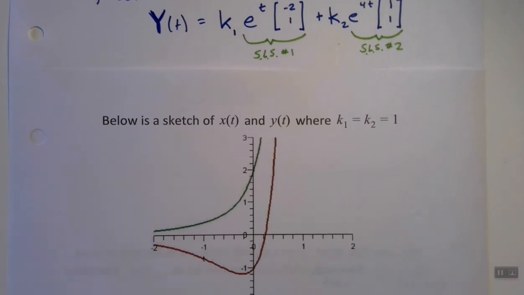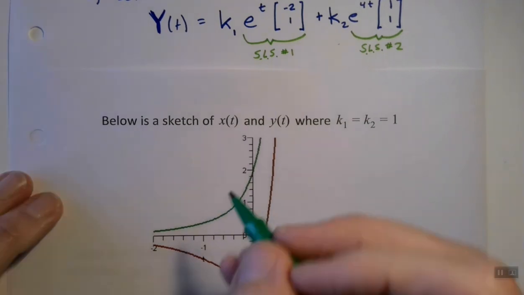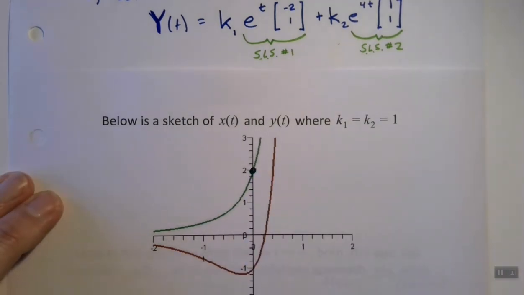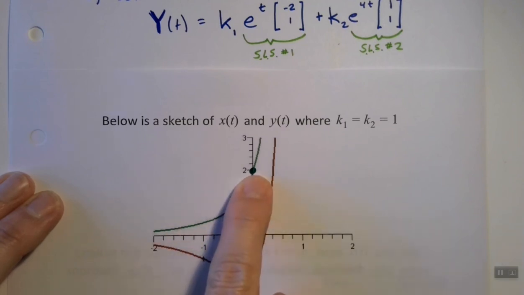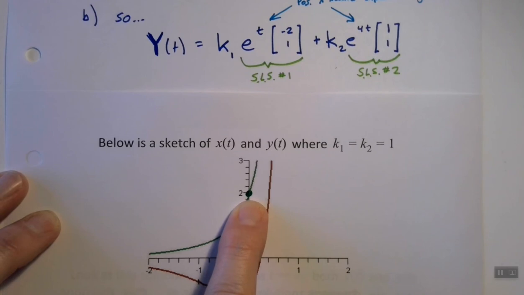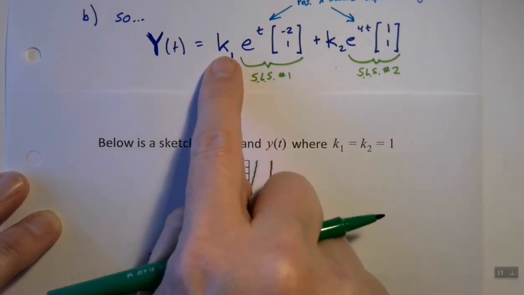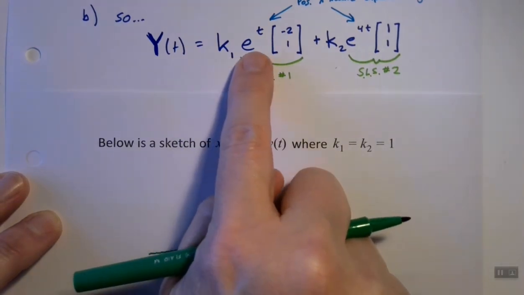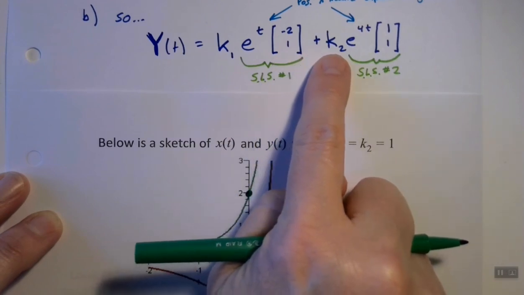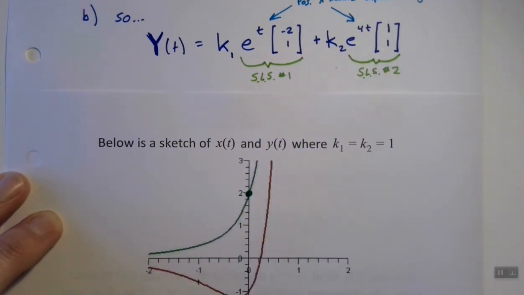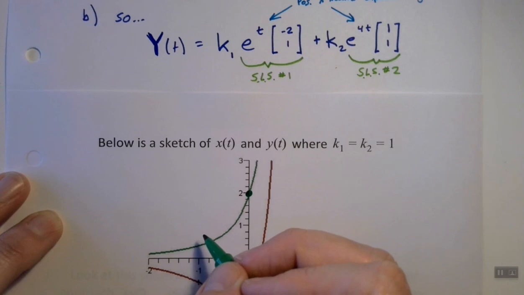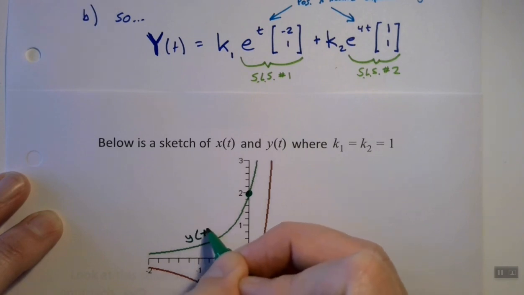Again, we use the same trick that we did before to be able to figure out which one of these is x of t and which one of them is y of t. Well, when t equals 0, one of the equations equals 2. And so with a little bit of effort, you can see that that bottom equation is going to be k1 times 1 plus k2 times 1. So this must be the y of t equation as well, right?